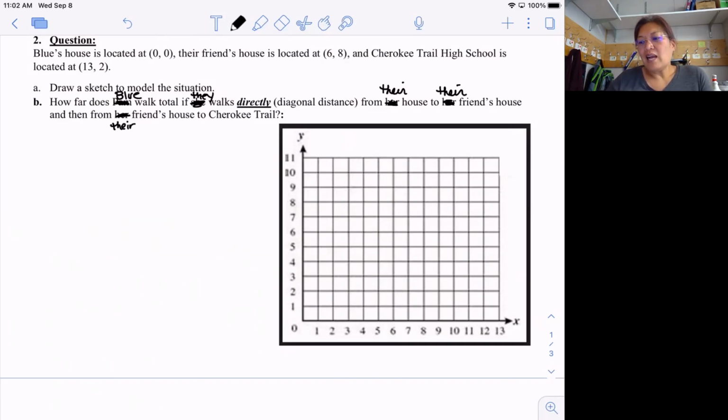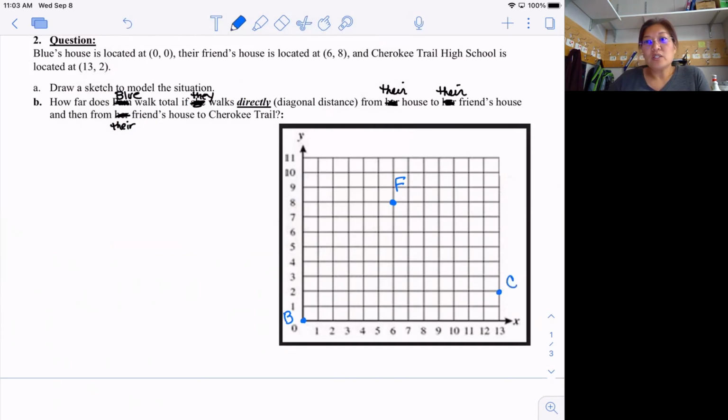So starting at this problem, the first thing that we can do is probably plot the points that we know. Where's Blue's house? You're correct, Blue's house is here. Where does the friend live? The friend lives at 6, 8. So this is your friend's house, and then CT is at 13, 2.